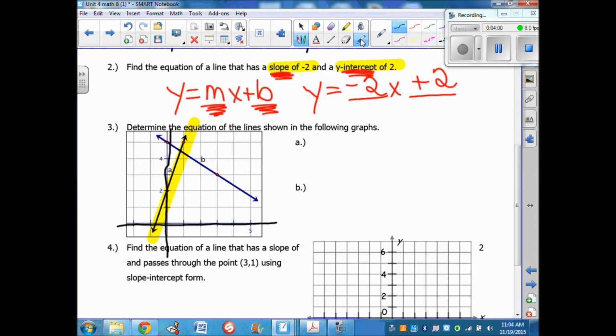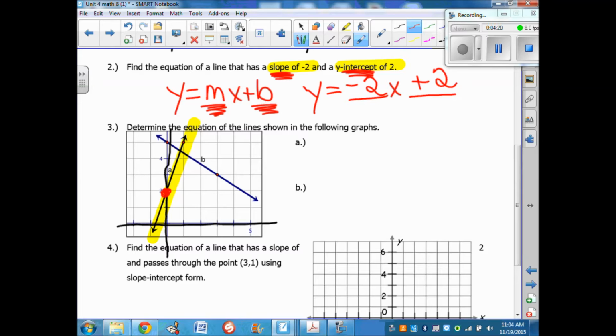Line A, we need to see what information we have. So line A, we can see where it crosses the y-axis. So there's our intercept. And can we find the slope given a line? We absolutely can. So what do we need?